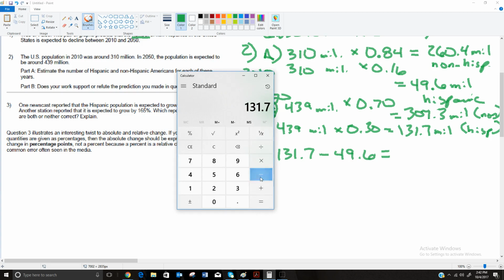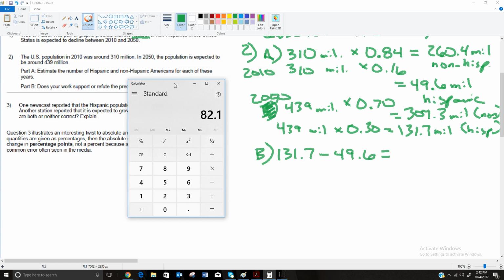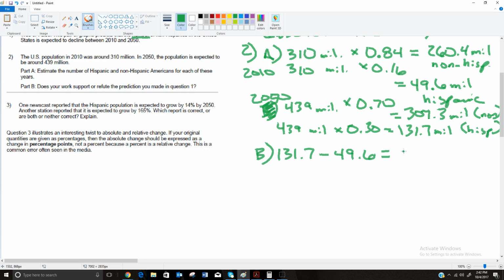I'm going to do it on the calculator here just so everybody's in the same boat. So the difference between that is 82.1 million people. So there's an increase of 82.1 million people in those 40 years.